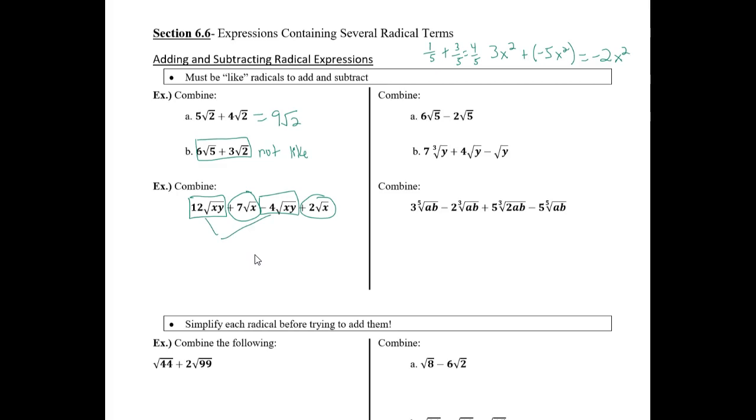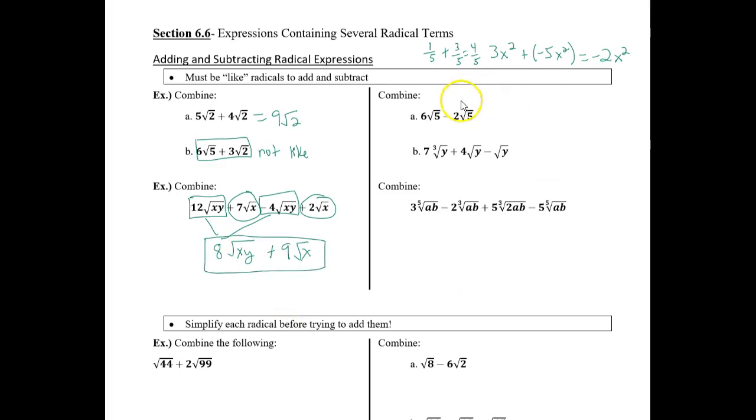We take 12 minus 4 and get 8 square root of xy. 7 square root of x plus 2 square root of x is a positive 9 square root of x. Now these two are not like, because this has an xy and this is just an x. So that is as far as we can go.